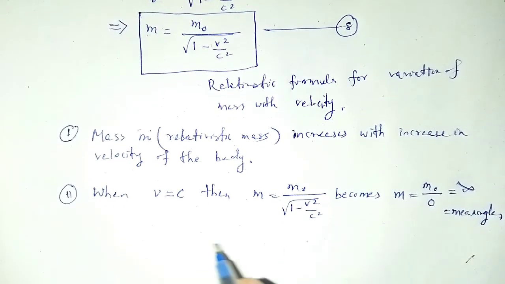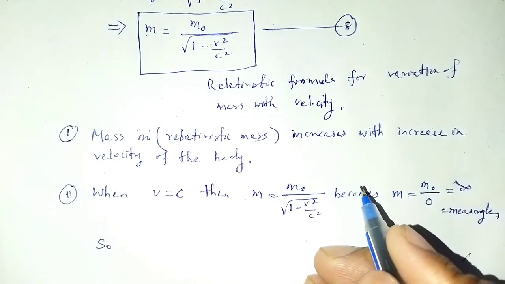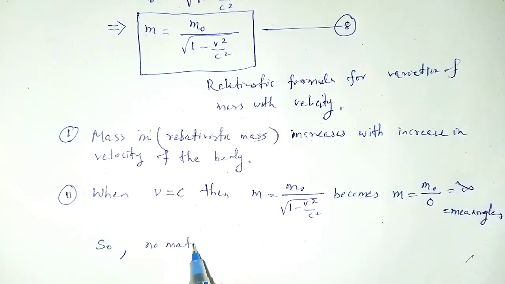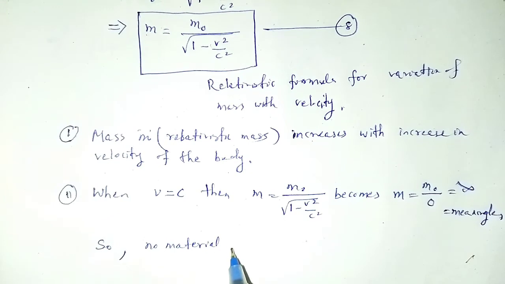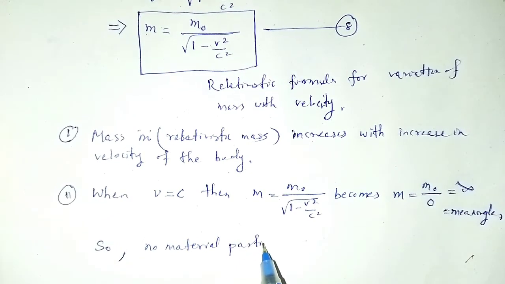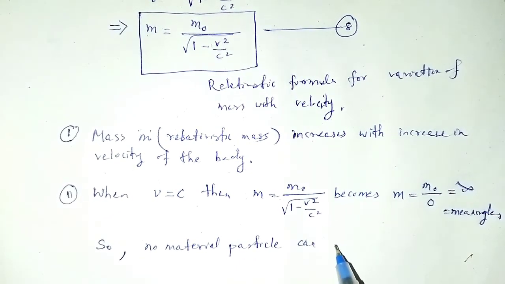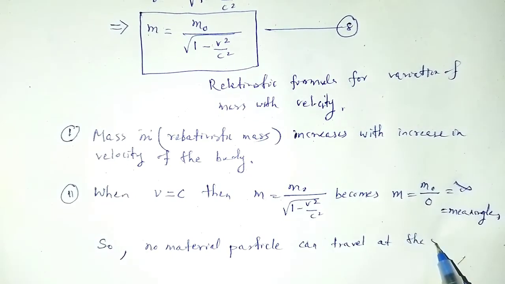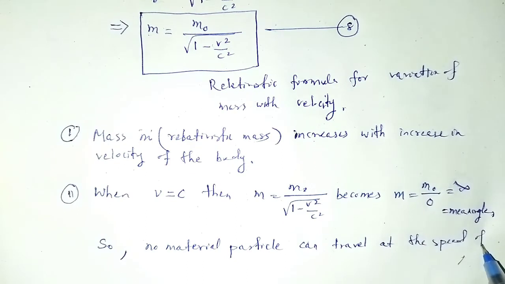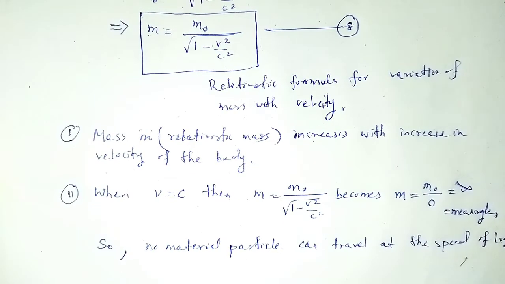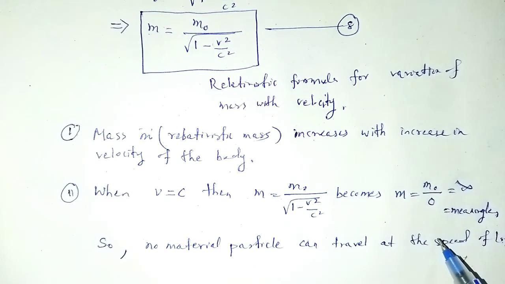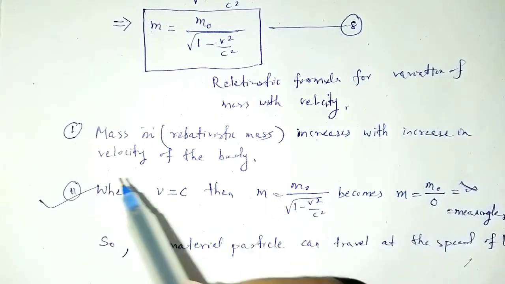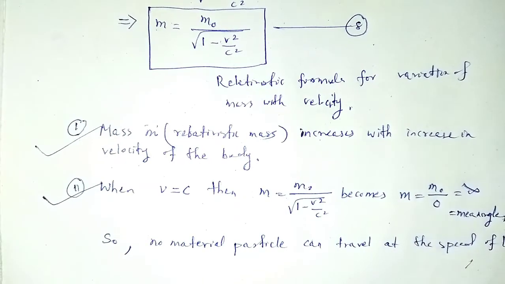So we confirm that no material particle can travel at the speed of light. No material particle can travel at the speed of light. This is result number 1.